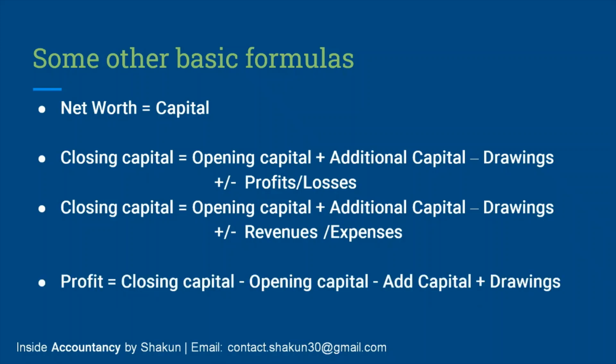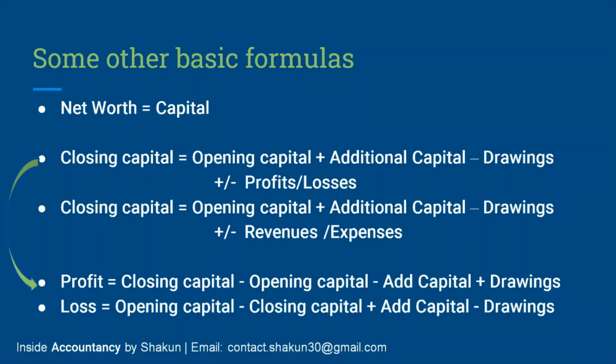Moving on. From this formula, the closing capital one, this one was easy to remember. From this formula, we can easily find out another formula for calculating profit. See, the profit is there in this formula, right?